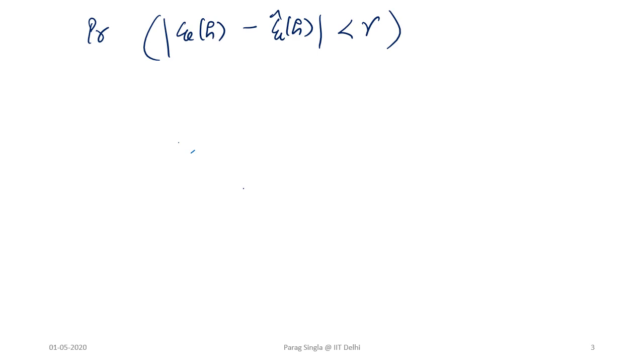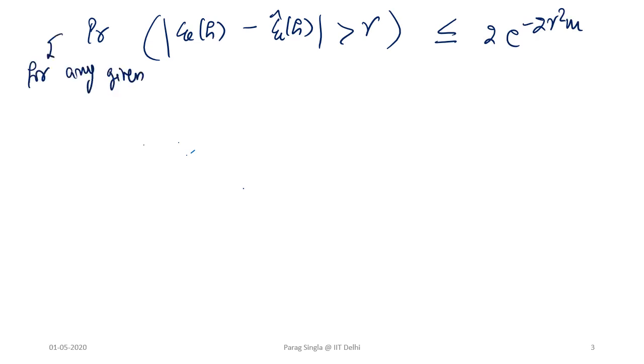Using the correspondence we derived, the probability that this is more than gamma is less than or equal to 2 e to the minus 2 gamma square m. And this is for any given hypothesis h belonging to our hypothesis class.